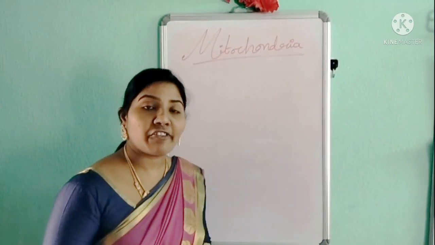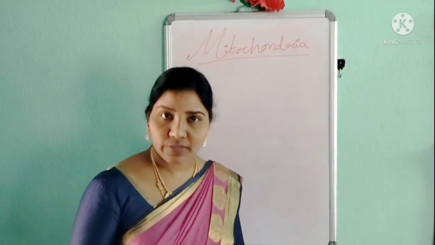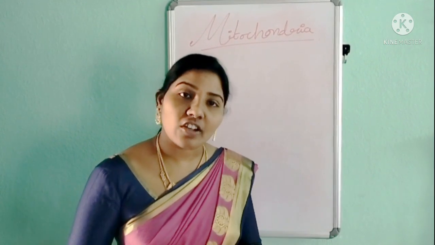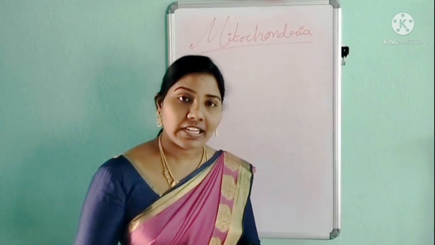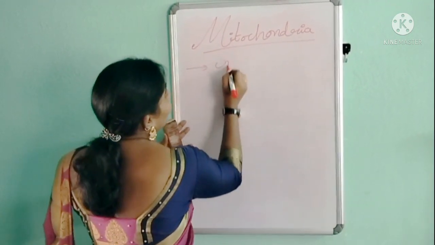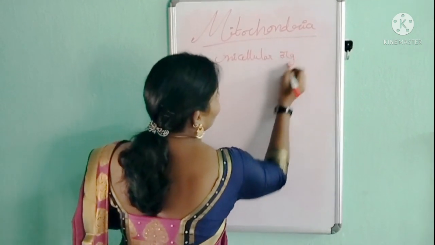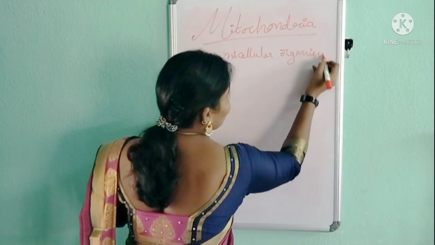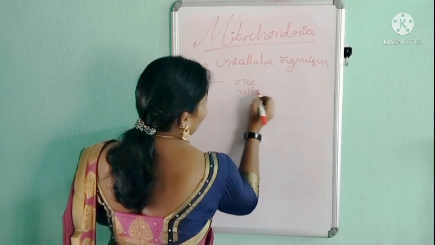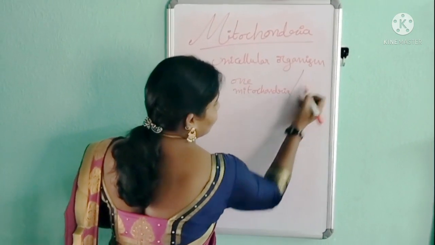Coming to the number of mitochondria. The number of mitochondria varies from cell to cell. In unicellular organisms, there is a single mitochondrion per cell.